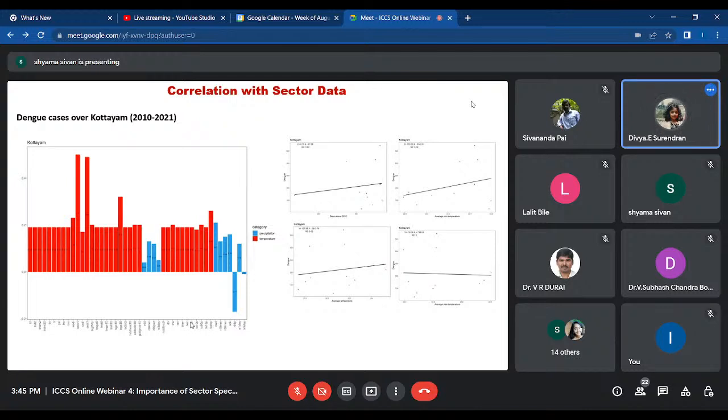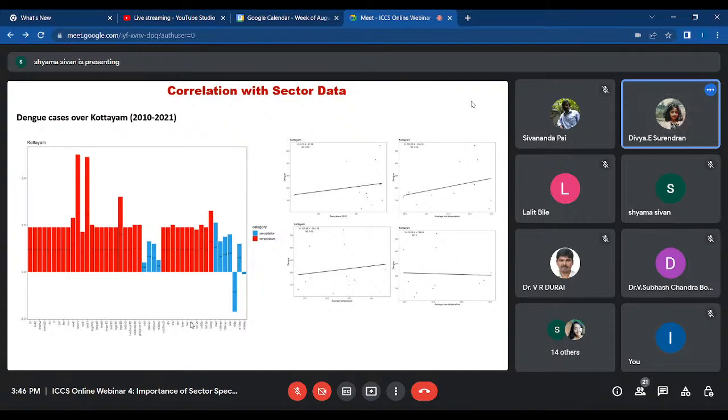During these last 10 to 11 years, how the number of cases are correlated with the different index values, and which climate parameter is actually affecting the dengue propagation or the breeding of dengue mosquitoes over your region.